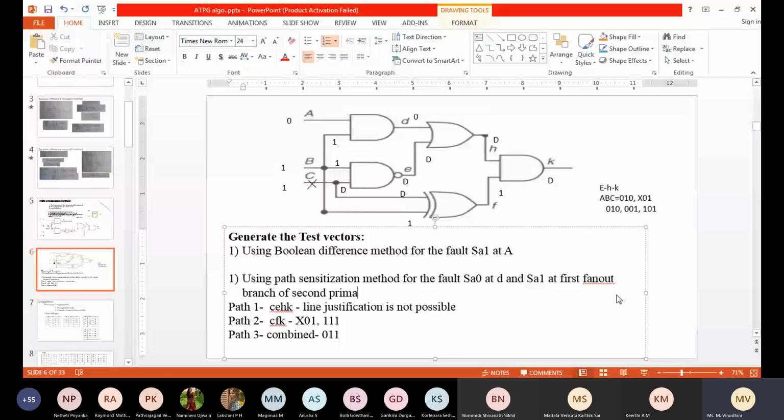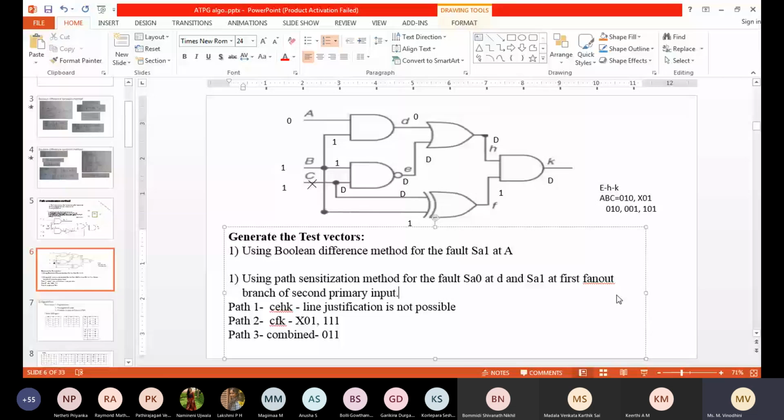Is it clear, students? Can I solve for both the faults at a stretch? Can I consider both the faults at the same time in the circuit and get a test vector? Or I have to do one after the other?